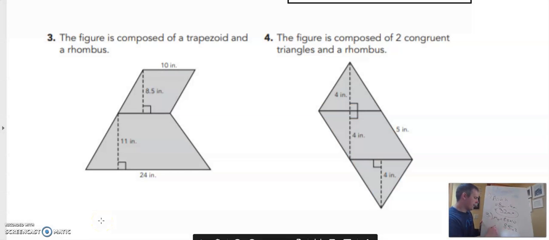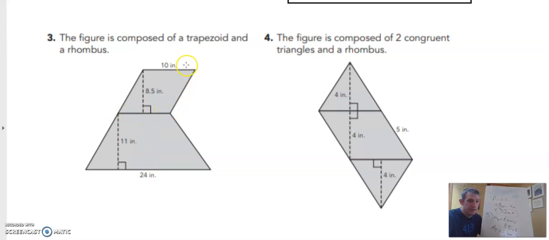Then I want the area of this trapezoid. And remember, we just did it. It's 1/2 base 1 plus base 2 times our height. Well, we'll call this base 1, this 24 right here. So I'm going to put that right there. And then, do we know what this base is?